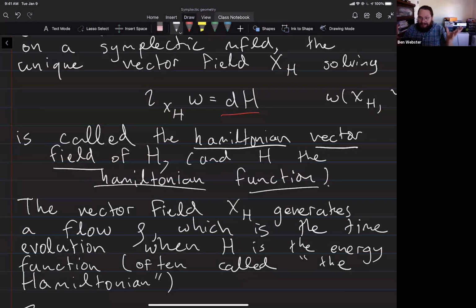That's physics, right? The whole question of physics is, I have my world, it's in this state. What state is it going to be in 1 second, 2 seconds, 3 seconds, etc.? And you find that by taking this Hamiltonian vector field and integrating it to a flow.